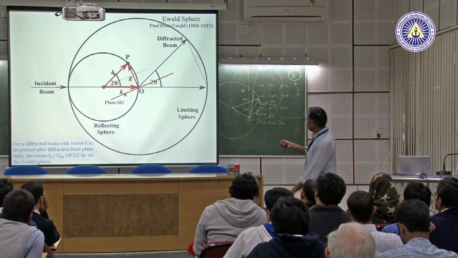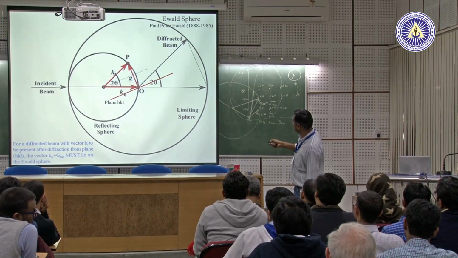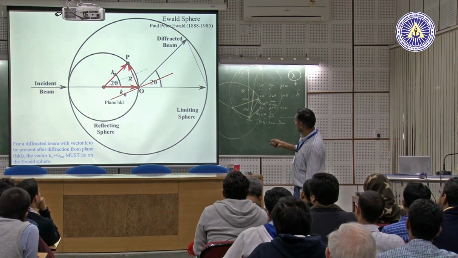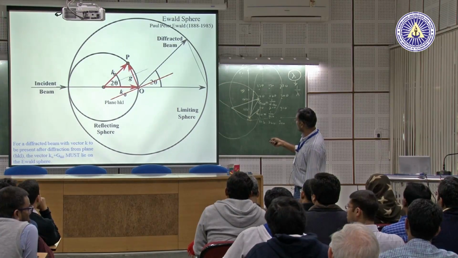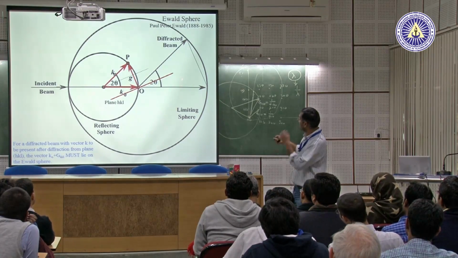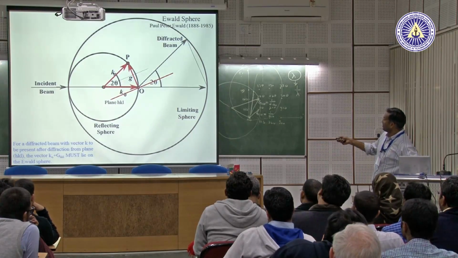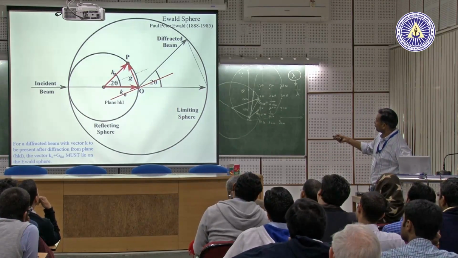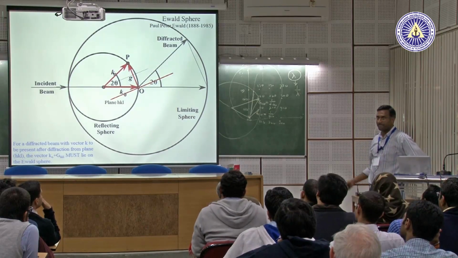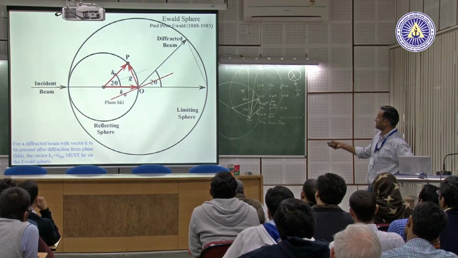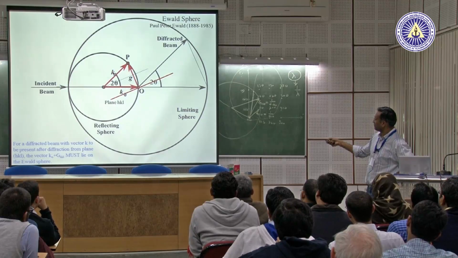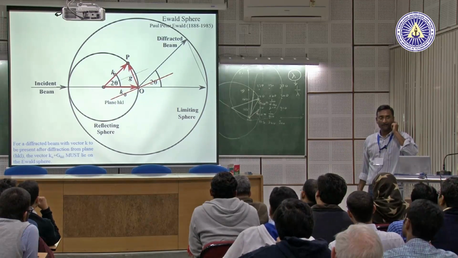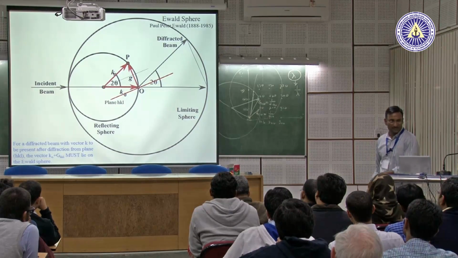But you can see that from the center of the Ewald sphere to the origin of reciprocal lattice, this distance is 1 over lambda. You know that the angle between the diffracted beam and the incident beam is always 2 theta. What is the length of this vector? 1 by d. This is 1 by d, and this is 1 over lambda. This angle is theta. What is this distance? 1 over lambda into sin theta.